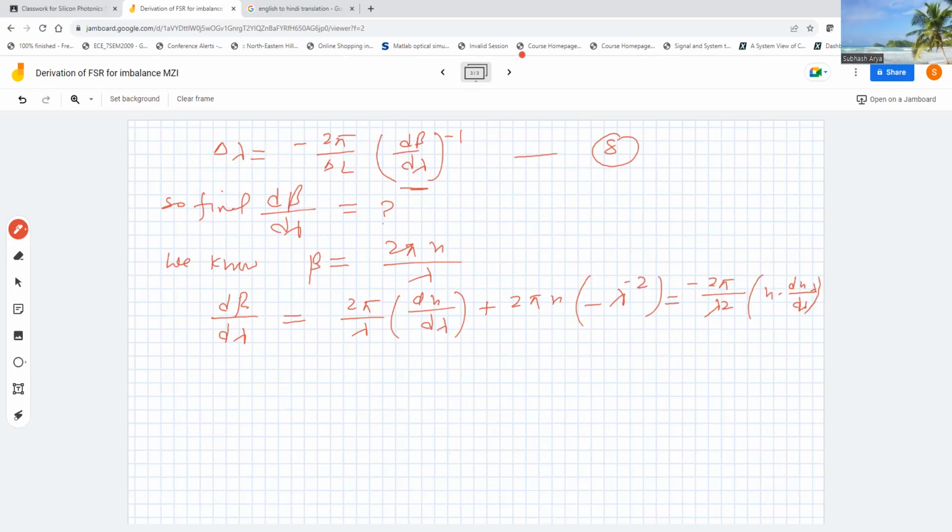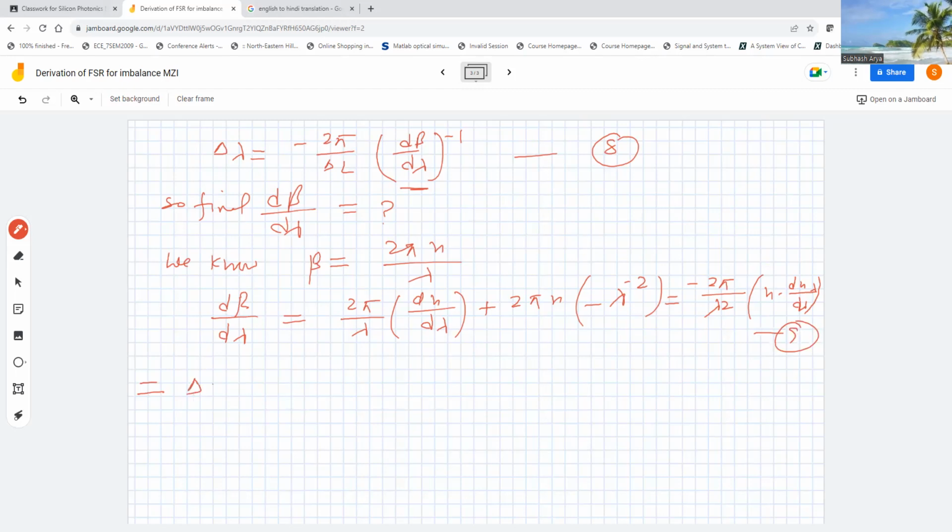So you check from here, we take 2 pi by lambda square common, so we have to multiply by lambda here. From here we are taking the common lambda square. So we got this expression, equation number 9. Now put equation number 9 into equation number 8.